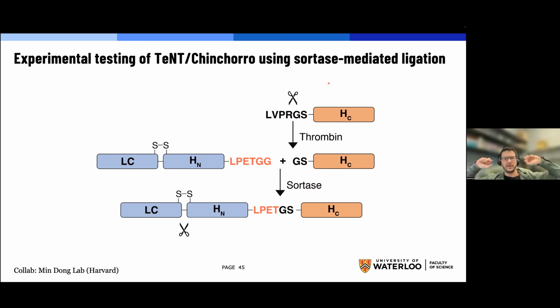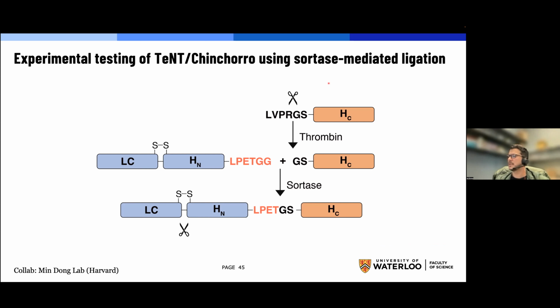When they are expressed and purified alone, they have no toxicity independently of one another, but when they are ligated together in the test tube through sortase-mediated ligation, they then form the full-length toxin that you can then test using various biochemical methods.